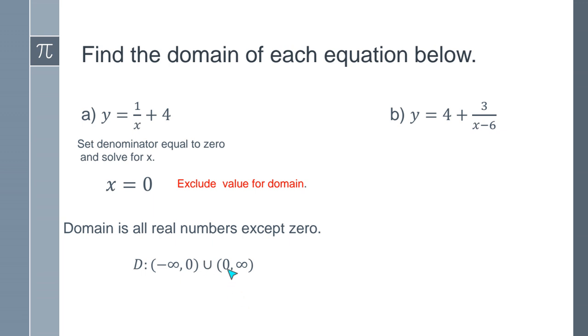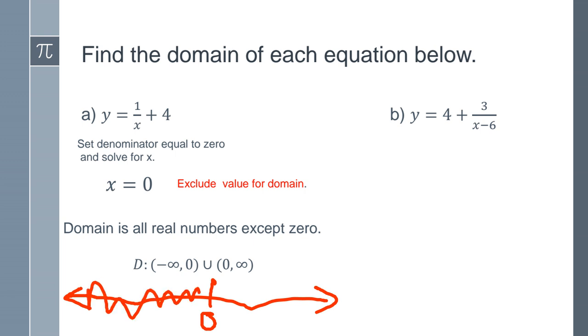Let me just draw really quick something here. If I had a number line, let me get my pen. If I had a number line here, here is 0, and we can use everything here and everything here except for 0. So why do we even put the number 0 here?